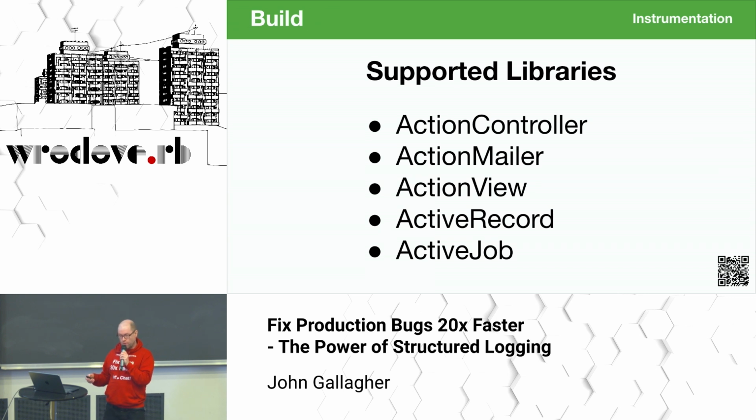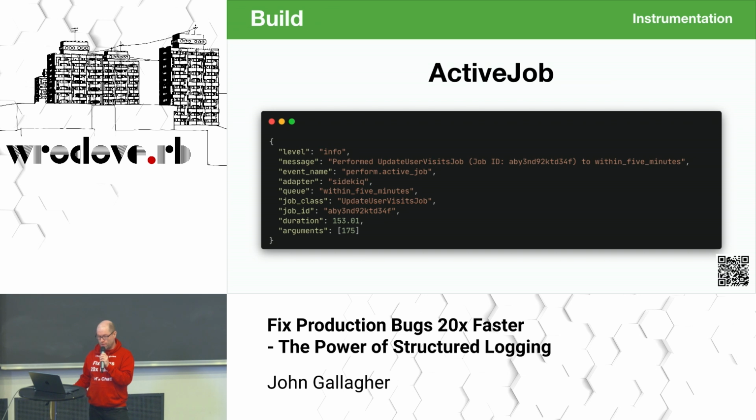I'm just going to focus on Active Job because we're doing background job processing. So here is what the output might look like from Semantic Logger. You'll see it's nicely structured. We have our event name here. We've got the job class and queue here, which are the other attributes we care about. And finally, we have the duration.